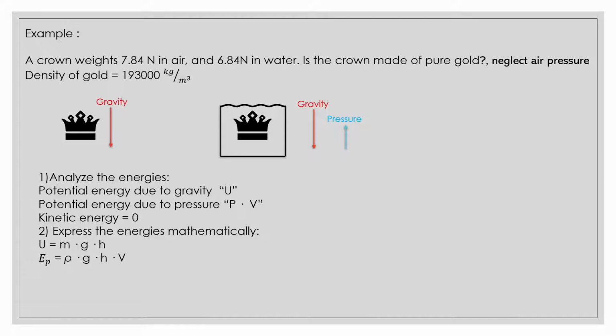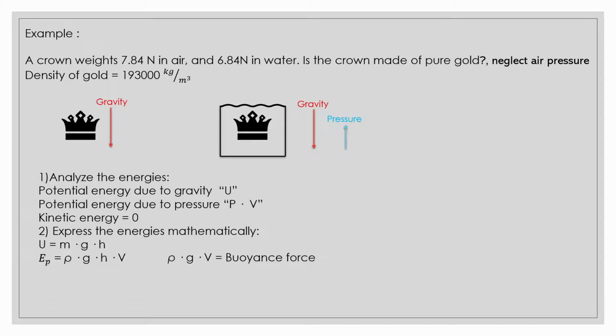And as I explained previously, pressure is a type of energy divided by volume. So we multiply the pressure by volume to get energy. Note that this expression without height is called buoyancy force. However, I prefer looking at the whole picture by considering energies instead of forces.